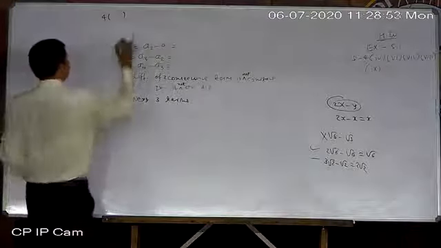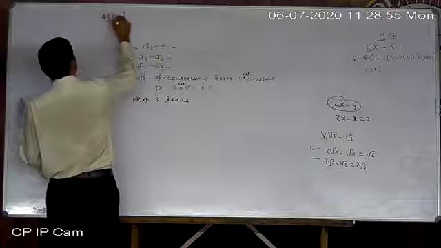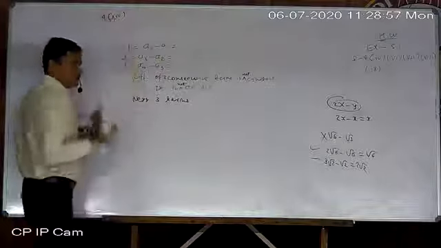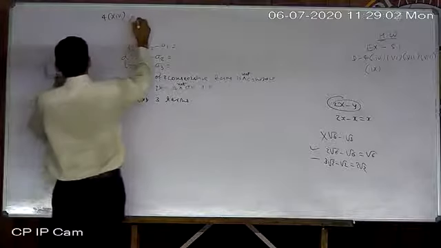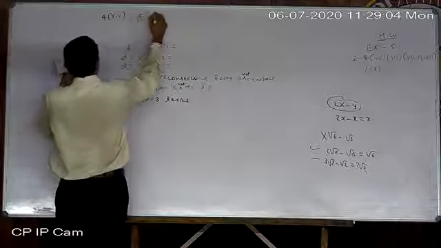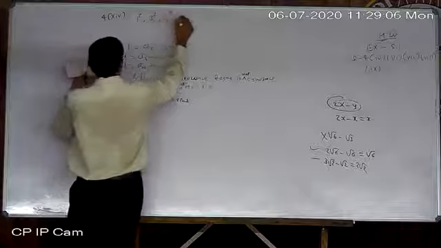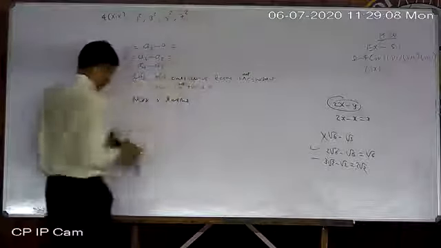So it is 14. You understand that Roman number? It is 14. Now 1 square, 3 square, 5 square, 7 square like this.